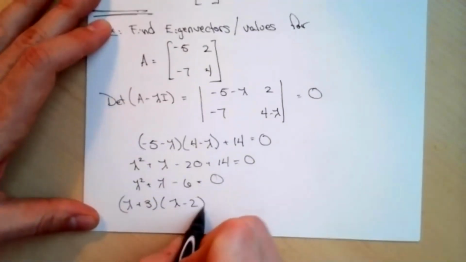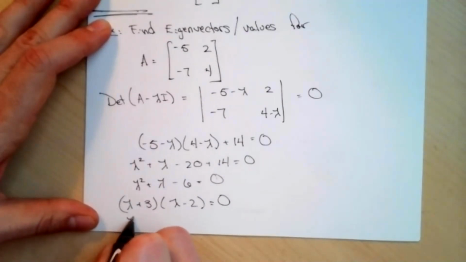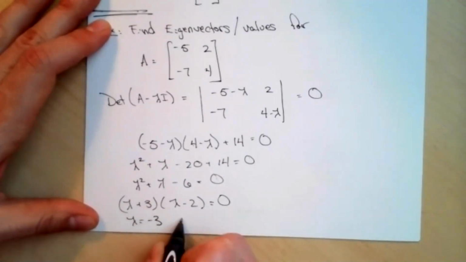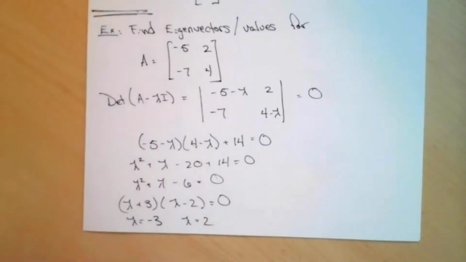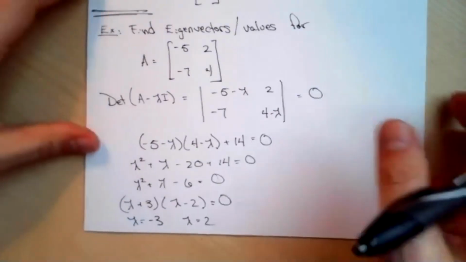So +3 and -2 for our factors give us a -3 and a +2 for our eigenvalues. Everyone with me? We know those are the eigenvalues.